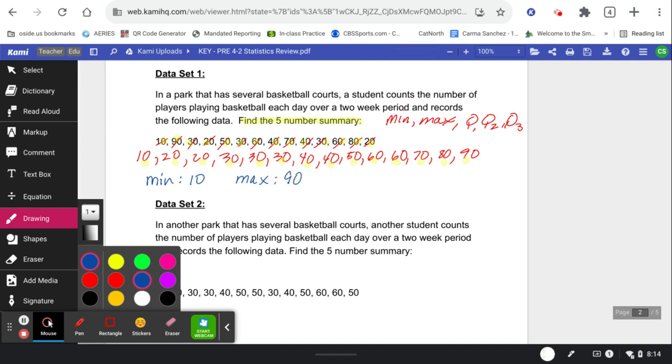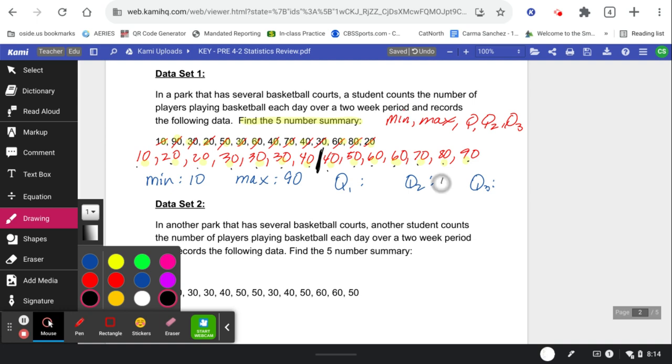And then I need to do some work on the data to get the Q1, the Q2, and the Q3. So finding the middle of the data, it's an even set of numbers. We've got 14 numbers. So there's 7 on each side, and right here would be my middle. That's my Q2, and I take the average of 40 and 40.